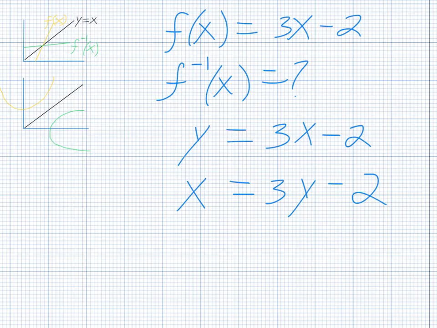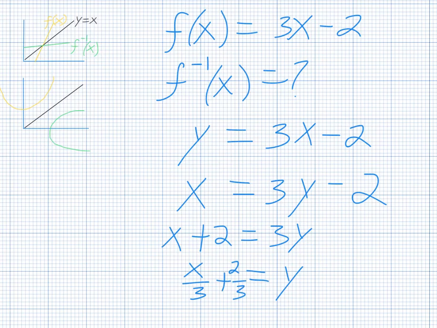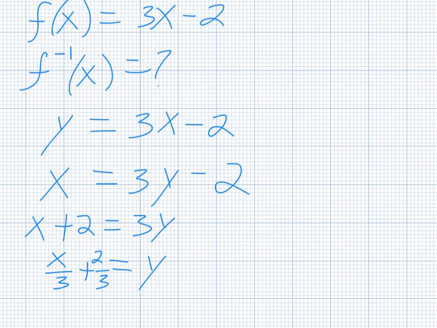I'm going to add 2 to both sides, so I get x plus 2 is equal to 3y, and then divide both sides by 3, and then I will get x over 3 plus 2/3 is equal to y. And this is my f prime, or excuse me, this is my inverse function.